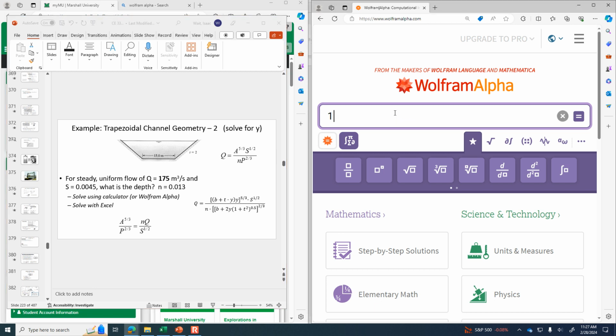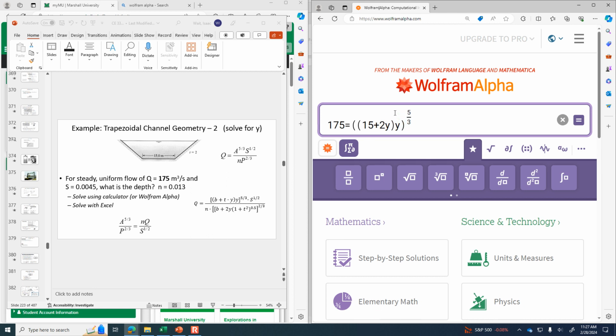So I'm going to type in 175 is equal to 15 plus 2y times y, and then that is to the power of 5/3 times 0.0045 to the power of 1/2. Okay, and then all of that is going to be divided by, I'll use this fraction symbol here.